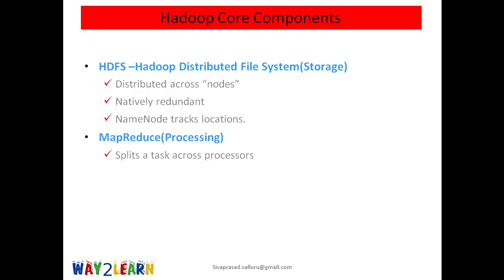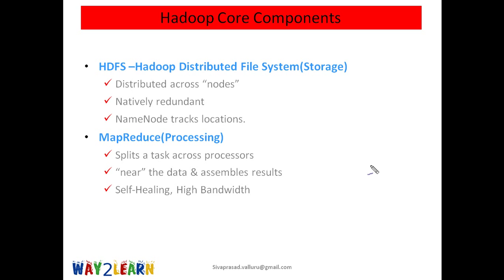So the MapReduce program splits a task across multiple processors. As you have already understood, the processing happens near the data and it assembles the results. The programming is executed on data which is local. We have already understood this part. And MapReduce is self-healing and high bandwidth.